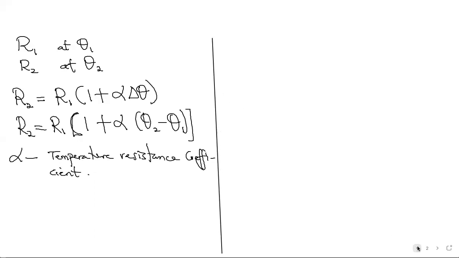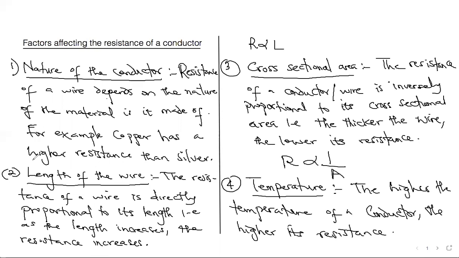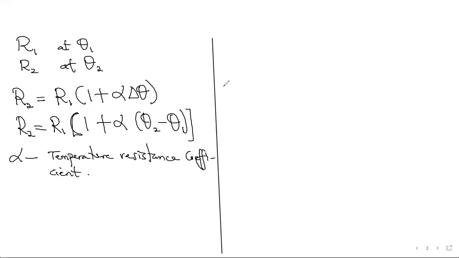Now, we've established that the resistance is directly proportional to the length and inversely proportional to the cross-sectional area. If I combine those, I can write that R is proportional to L over A. If I remove the sign of proportionality, I can introduce a constant, rho, which is known as the resistivity of the material.